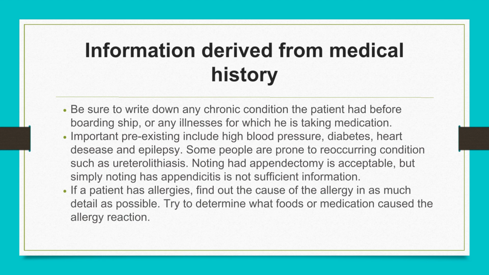Noting had appendectomy is acceptable, but simply noting has appendicitis is not sufficient information. If a patient has allergies, find out the cause of the allergy in as much detail as possible. Try to determine what foods or medication caused the allergic reaction.